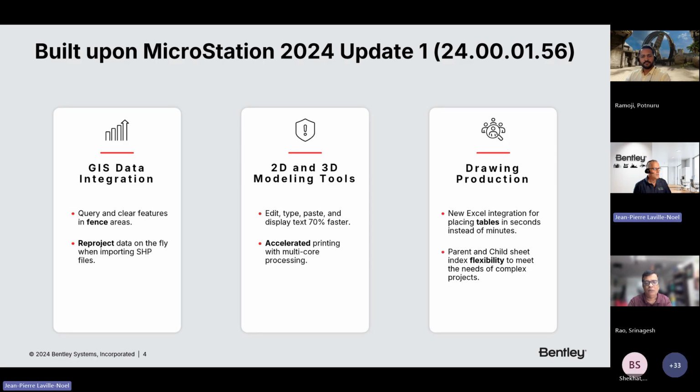In 24, we also had improvement in GIS data integration to carry features in areas. We won't go into all these enhancements that are more for the platform. We will focus on OpenRail Designer, but it's also something that is available for you as OpenRail users.